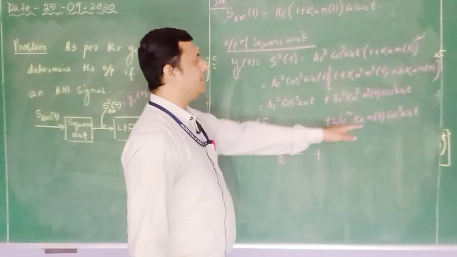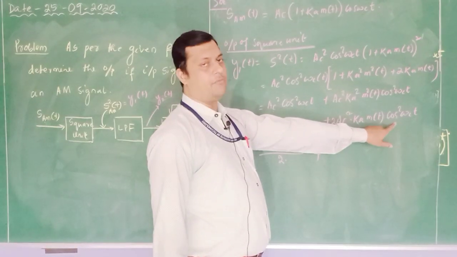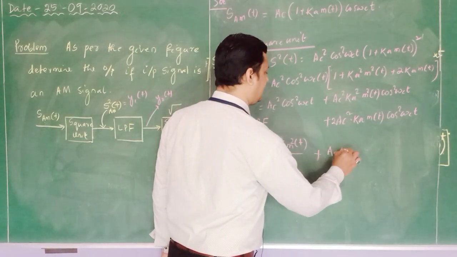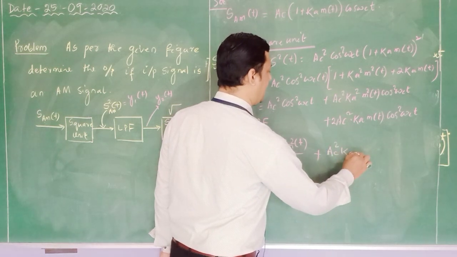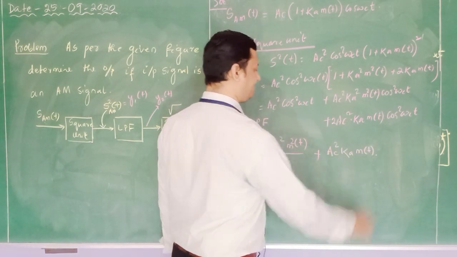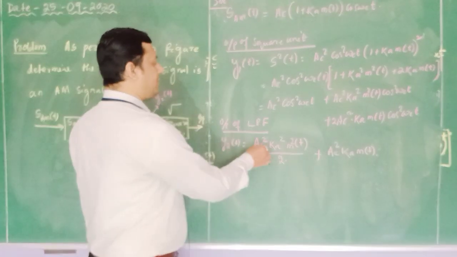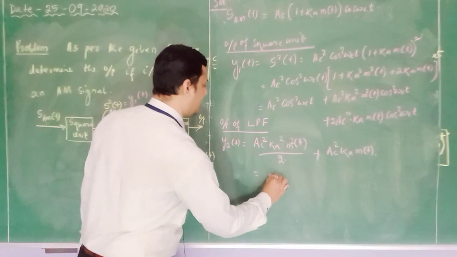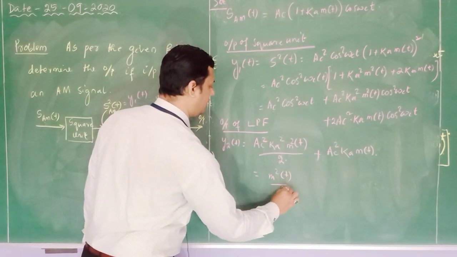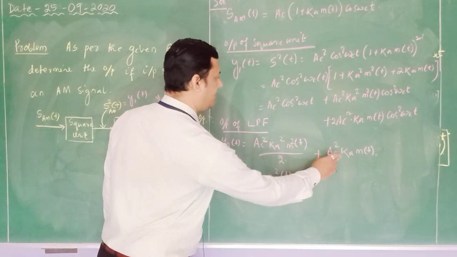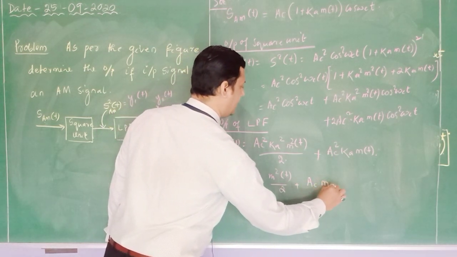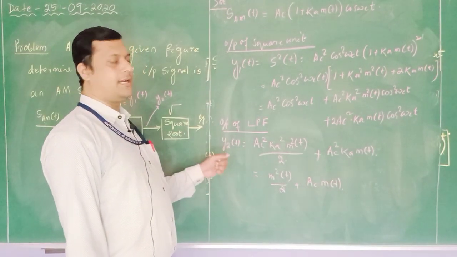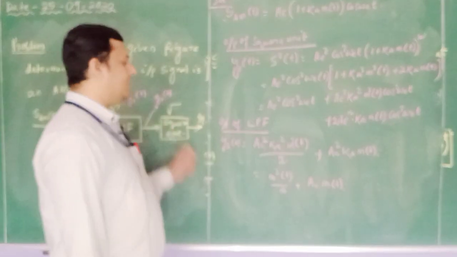Plus here also (1 + cos 2ωct) divided by 2, so we will get Ac square ka m of t. Now if you solve, we will get m square of t divided by 2 plus Ac m of t. So this is the output we are getting at the output of the LPF.